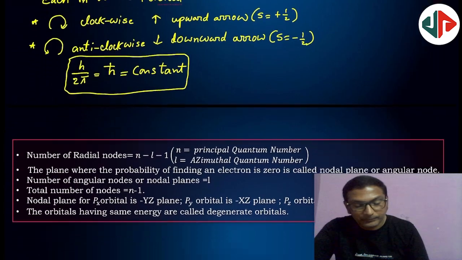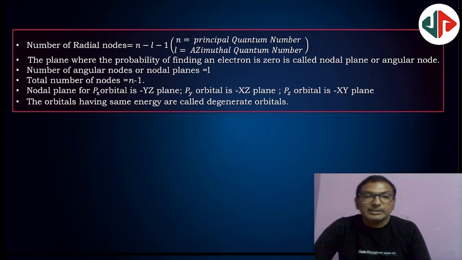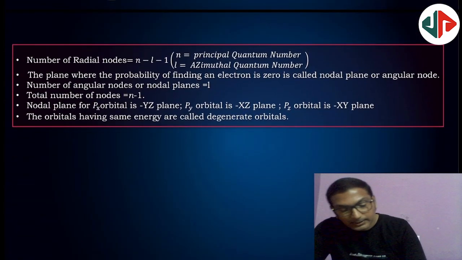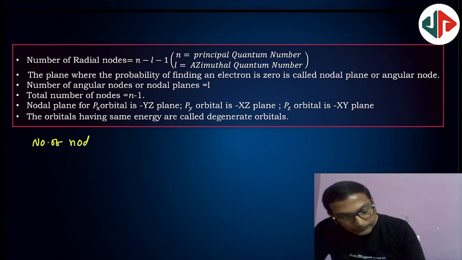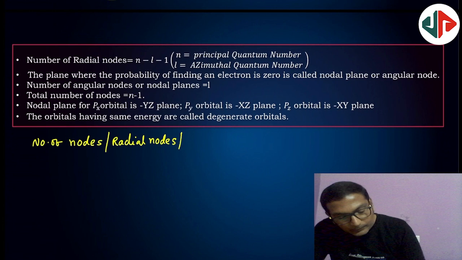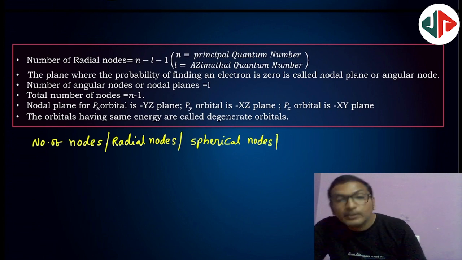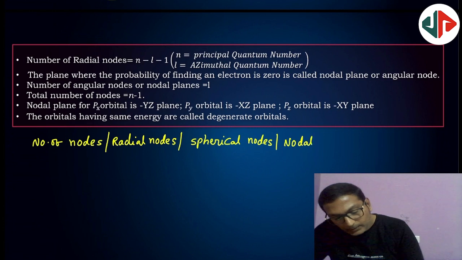Next one. So number of radial nodes. Here I will add one more point. Number of nodes or radial nodes or spherical nodes or nodal regions, all will be the same.